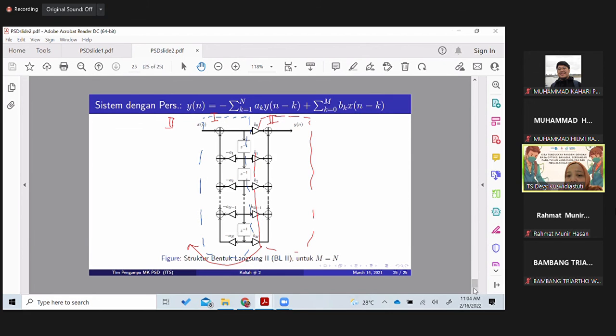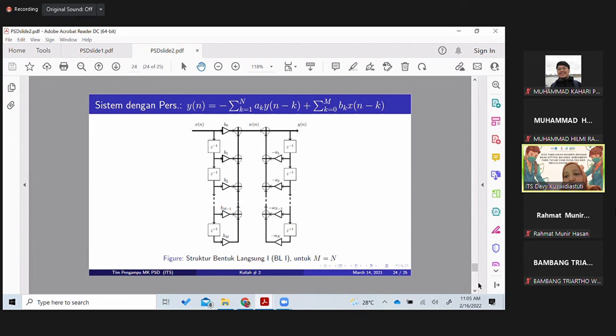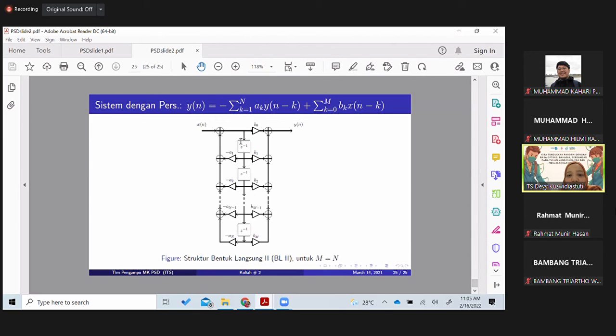Second direct form. Now you could see that the memory storage required for the system could be reduced to half of what we have in here, because we could use less memory for both the input and the output system.